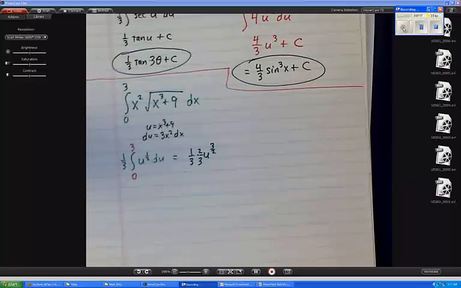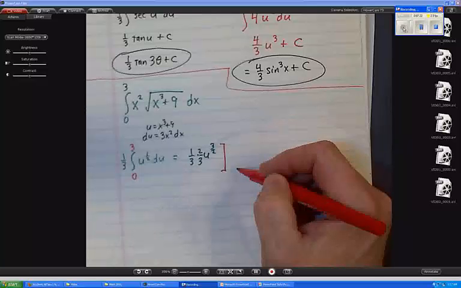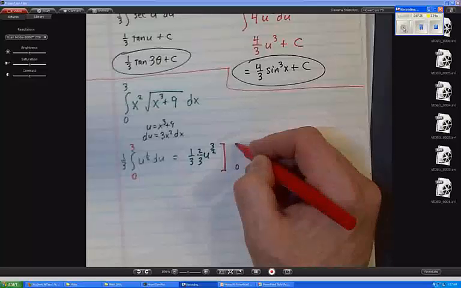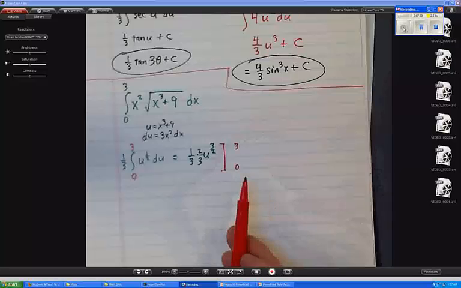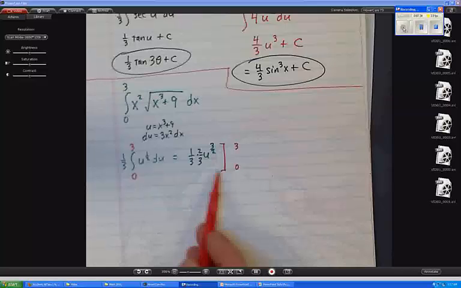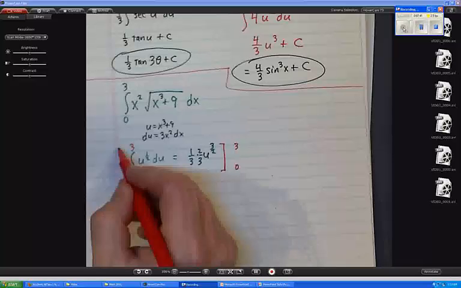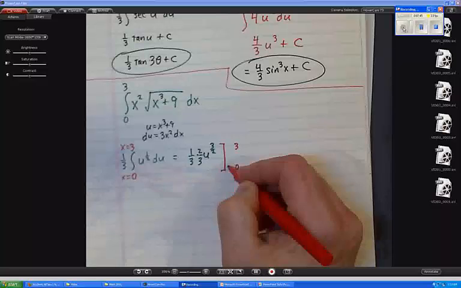You put this bracket, and do you remember what goes here? Okay? But I'm telling you I'm in trouble, because what students sometimes do, and I can remember myself doing, is plug in the 3 and the 0 into u. See, these aren't u values, are they? What are they? So you might want to be really careful with labels. x equals 0 to x equals 3.